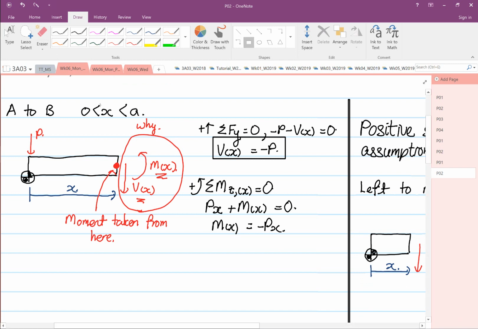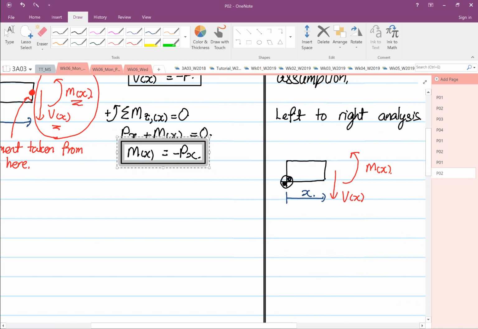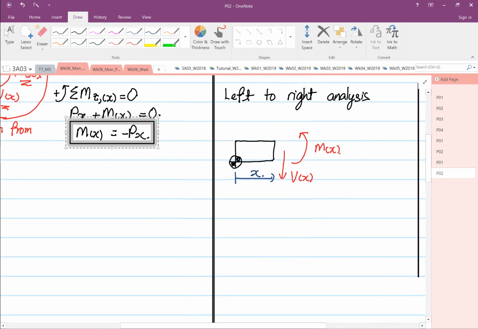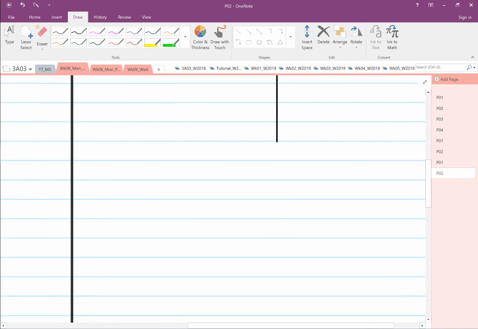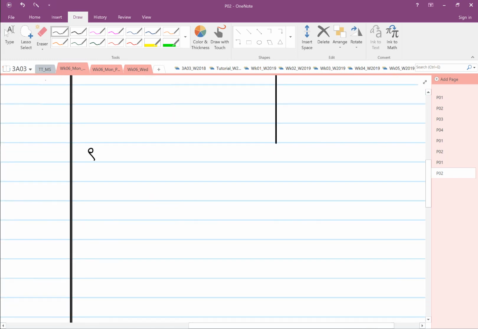Okay, so now what does this actually mean? In terms of shear force and bending moment, I'm going to construct the shear force diagram over here.